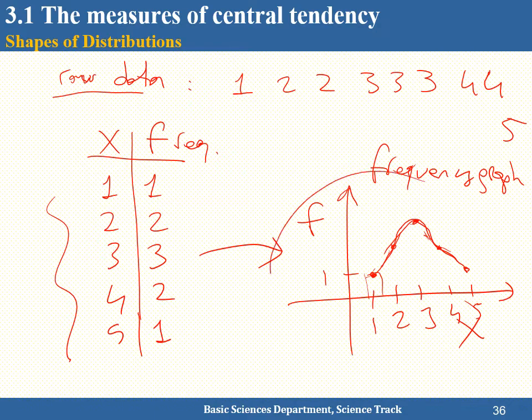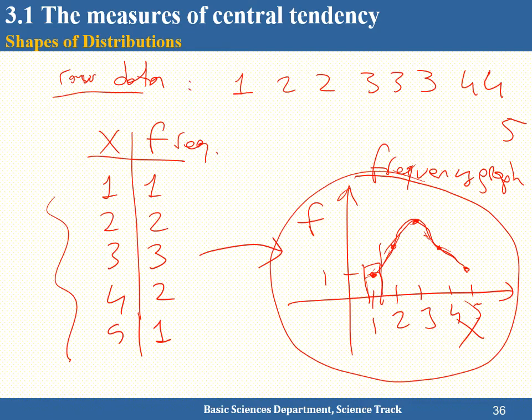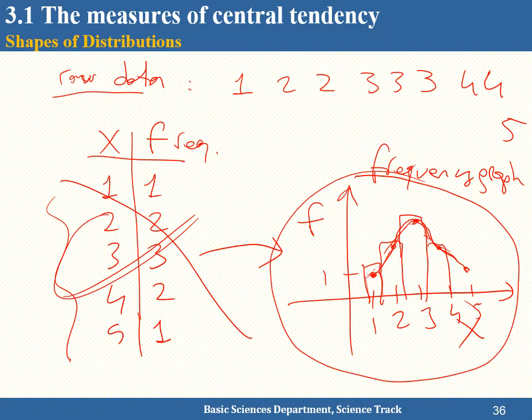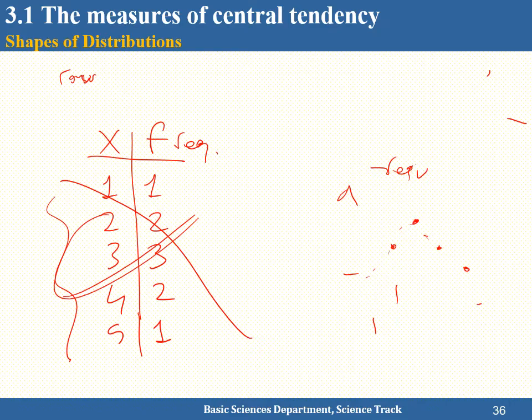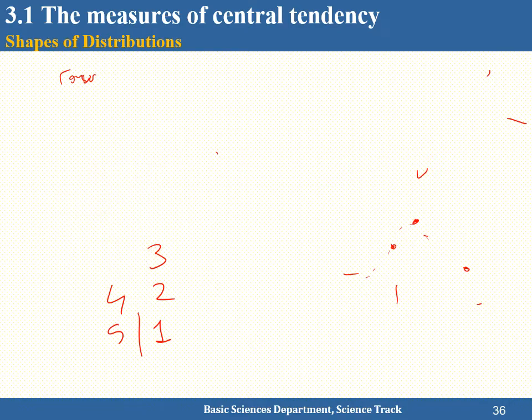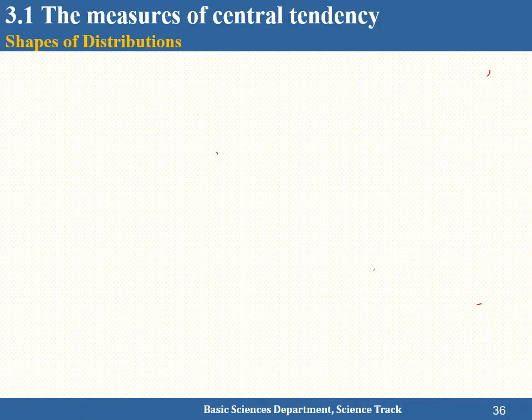Now, assume you have a frequency graph. It might be a histogram, depending on the data and the classes. After remembering this, we can talk about the shapes of the distribution graphs of the data values.